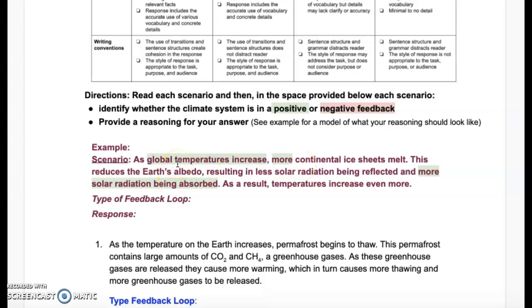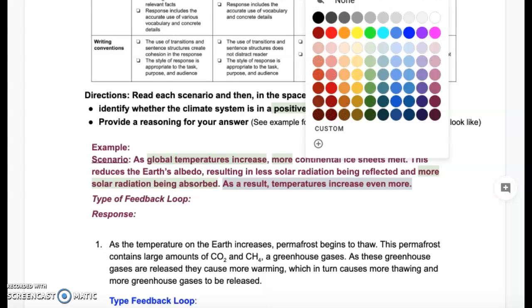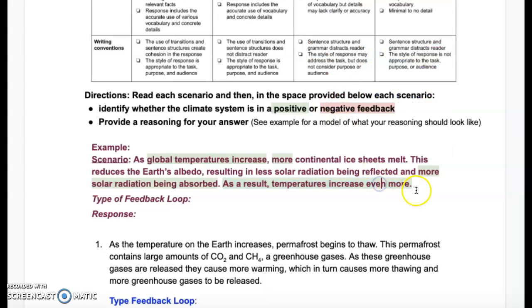The ice sheets melting causes Earth's albedo to be reduced and not be able to reflect as much radiation, which then again results in more radiation being absorbed, meaning that as a result, temperatures increase even more. So I don't see stability mentioned anywhere, and I have quite a bit of clues that tell me that this is a positive feedback loop.